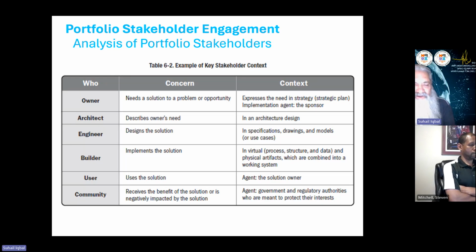If the owner is a stakeholder, what is the concern? They need the solution to a problem or opportunity. And that's the owner. And in description context, it is written, expresses the need in strategy. That is called the strategic plan.